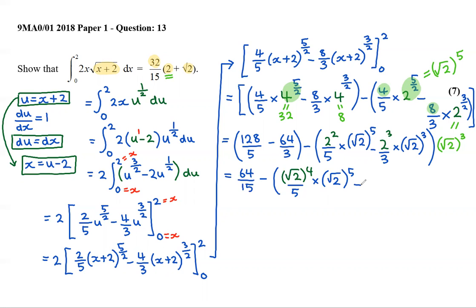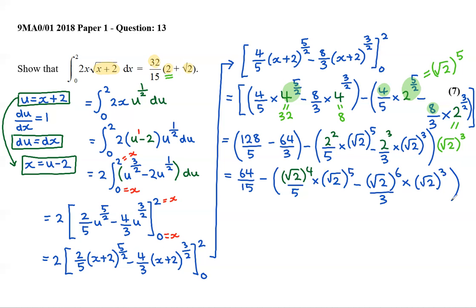Subtract root 2 to the power 6. Okay, so that 2 cubed is basically root 2 to the power 6 because it's 6 over 2, which is 3. Multiplied by root 2 to the power 3. And that one was over 3.